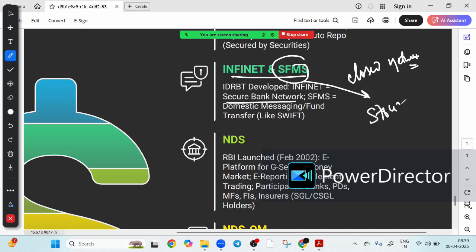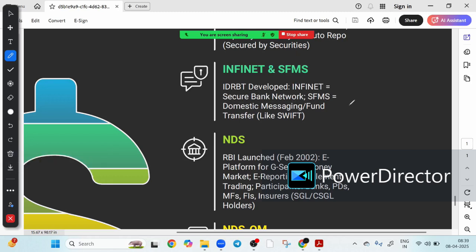You can think of it like India's answer to SWIFT. You know what SWIFT is, right? Society for Worldwide Interbank Financial Telecommunication. So India's answer to SWIFT, enabling safe and standardized financial messages across the banks. So together, if you combine INFINET plus SFMS, this is the backbone of secure digital banking in India.